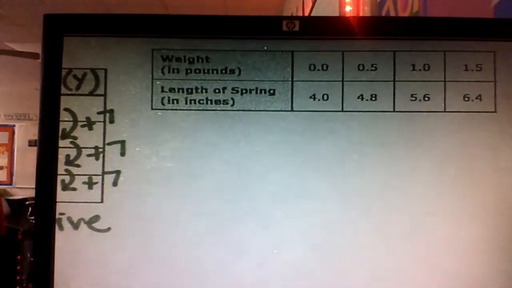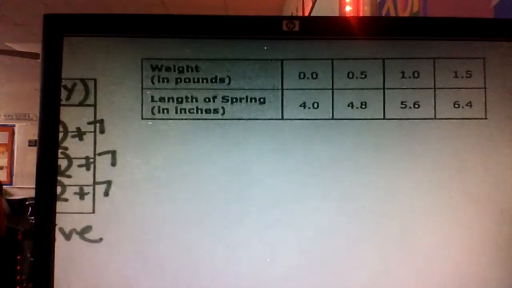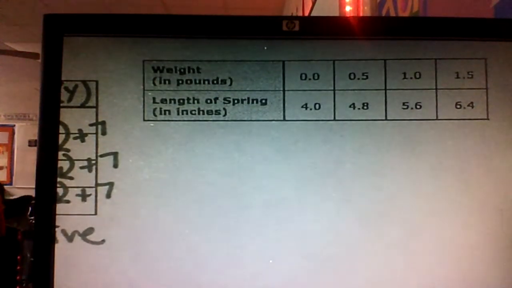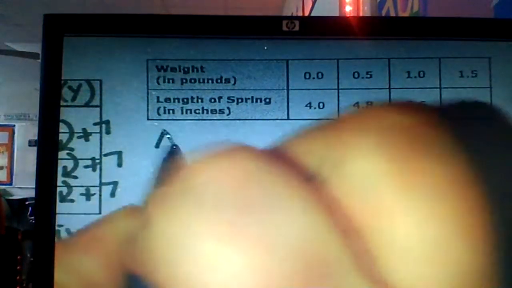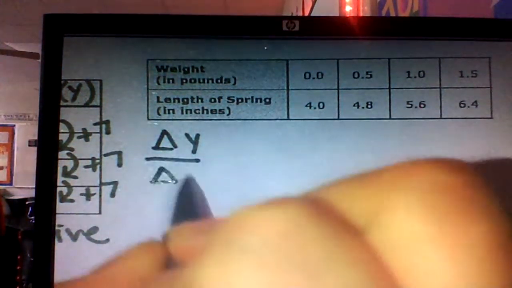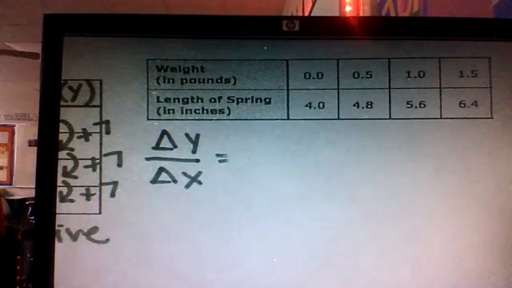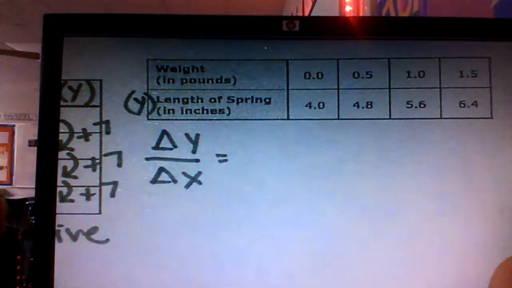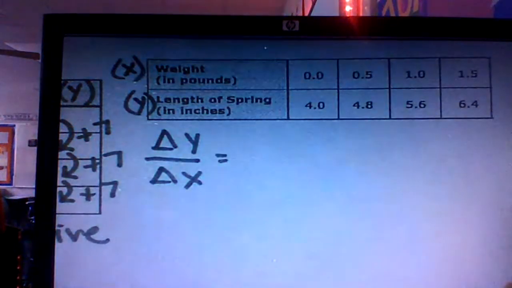Okay, this time I've taken your chart or your table and I've moved it horizontally. So I need to find my change in y. What numbers do I need to look at to find my change in y? The length of the spring is your y. In a horizontal table, your y is the bottom values and your x is in the top.